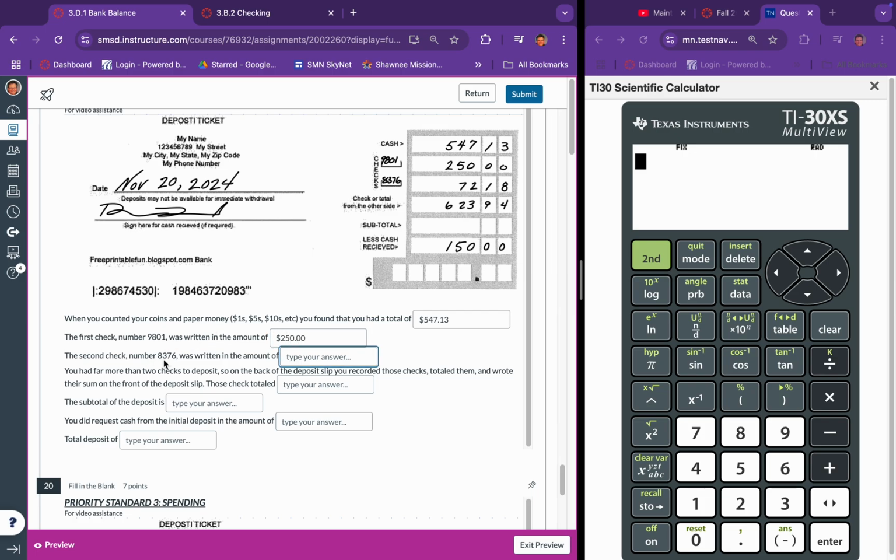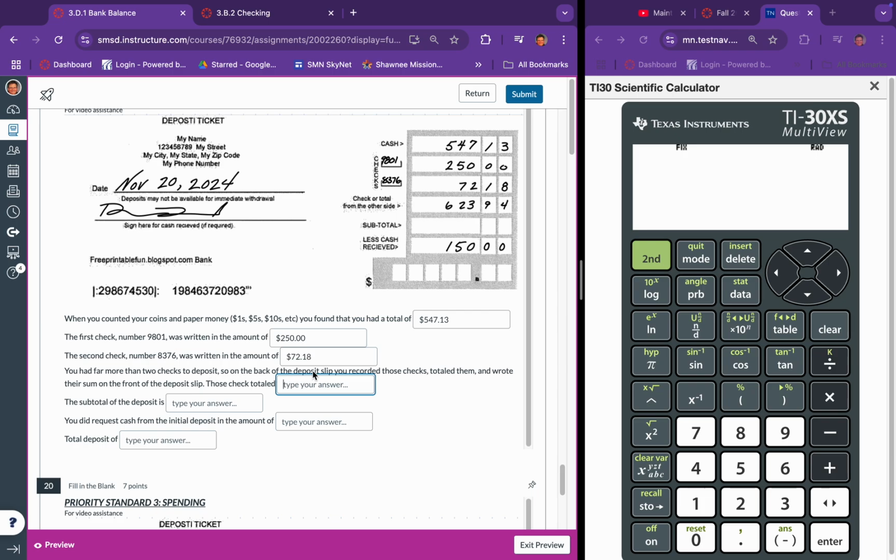The second check, check number 8376, was written in the amount of $72.18. So you're just going to put $72.18. So all we're doing right now is pulling factual information. You had far more than 2 checks to deposit.